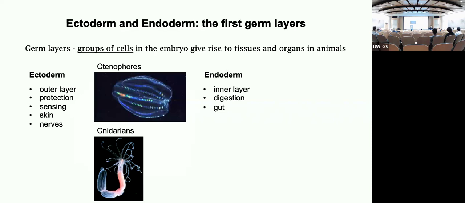These include ctenophores, which some of you may have seen at an aquarium, as well as cnidarians, and those include hydra, jellyfish, and sea anemones. These are relatively simple in their body plan. They're mainly radial, so they don't really have a left or a right, and they're really composed of these two simple cell types.